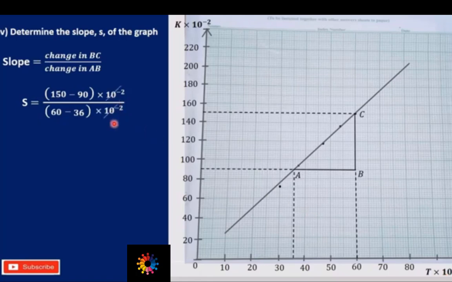So 10 to the power minus 2 will cancel each other. Then we are left with 150 minus 90, which is 60, divided by 60 minus 36, which is 24. So conclusively, our S, which is our slope, will be equal to 2.5. So that should be the value of our slope.